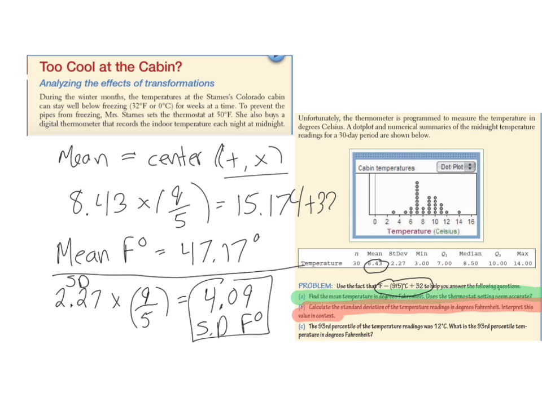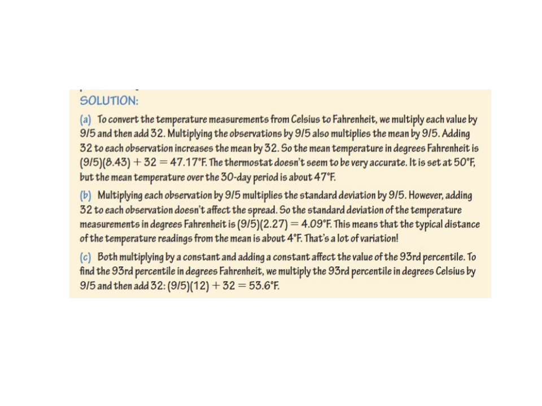Just to highlight it so we don't miss it, we're going to take that 12 right here, and you'll see that we multiply it by the 9/5 and add 32. The new percentile is going to be 53.6. You can read this solution later and see some of those interpreting words. Again, I don't want to make this too long by reading to you, but that's how we would do this.